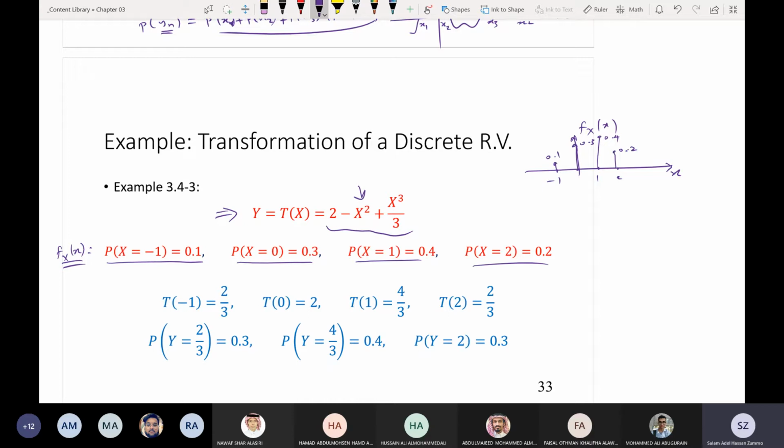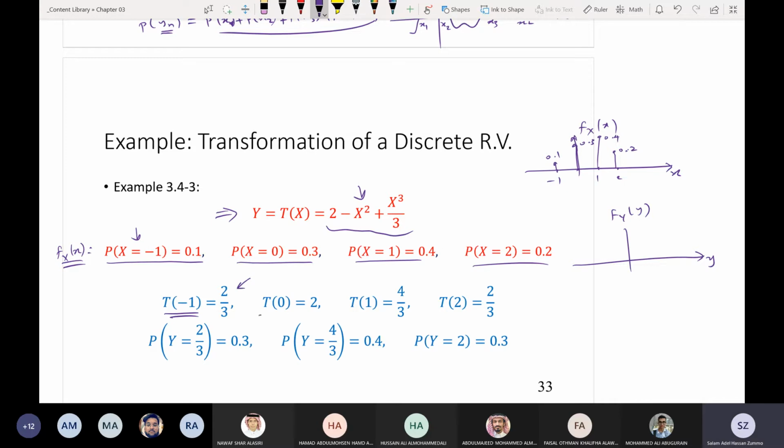Now we are interested in finding the PDF of y. How to find the PDF of y? First of all, we need to find what values y takes. In order to find them, we simply substitute for every value of x. When x equals minus 1, t of minus 1 gives you 2 over 3.